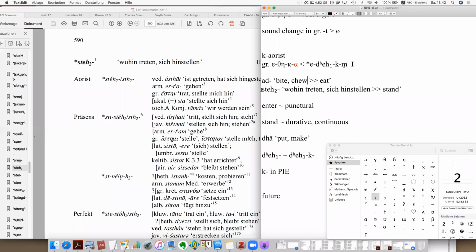And just like this one, steg actually means first enter. You come to a place and put yourself into it, and then comes the meaning stand.